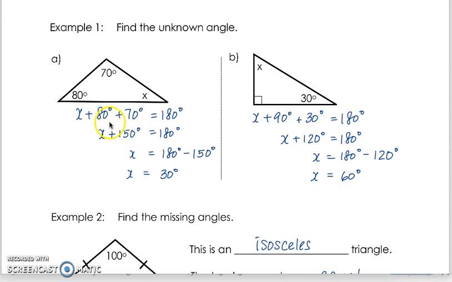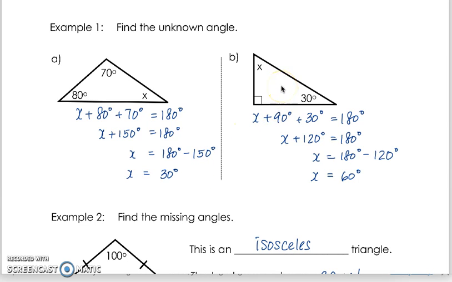And I can first add 80 and 70 degrees together. So the left side here becomes X plus 150 degrees equals 180 degrees. To find X, I will subtract 150 degrees from 180 degrees, which gives me X equals 30 degrees.